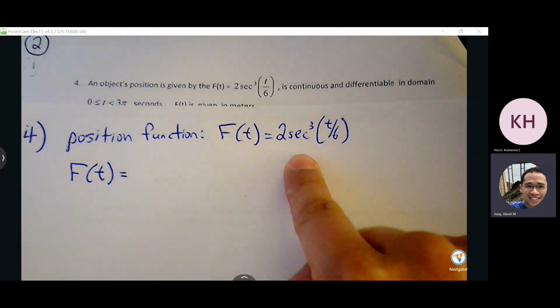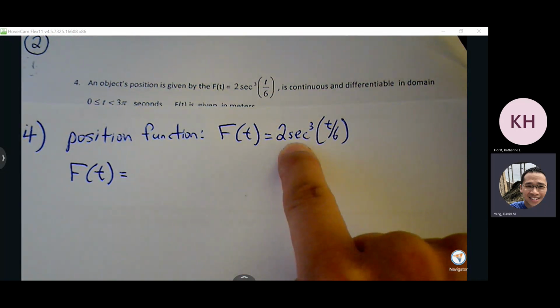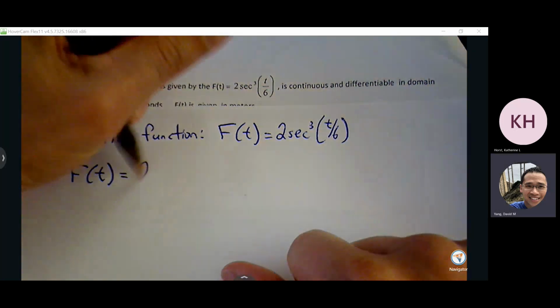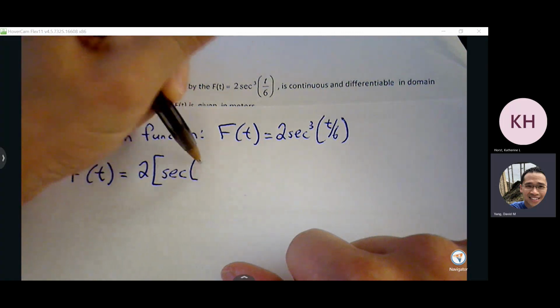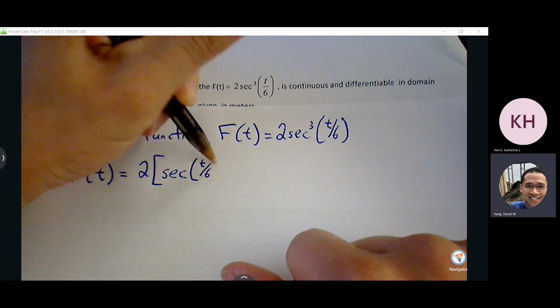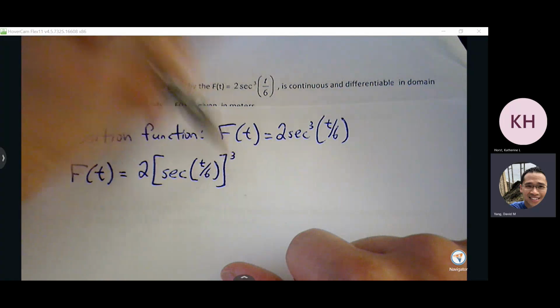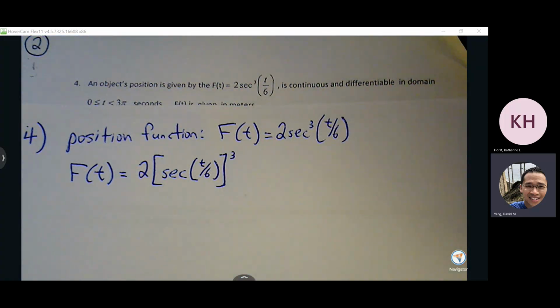Yeah, put brackets around it. Now, does the bracket go around the 2, or is it just the secant? It helps a lot for derivatives, but also for evaluating. It helps us see where that 3 belongs, and it doesn't mess with your order of operations and throw you off.